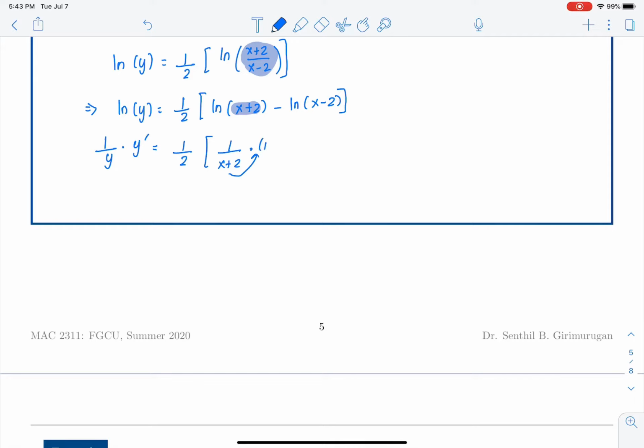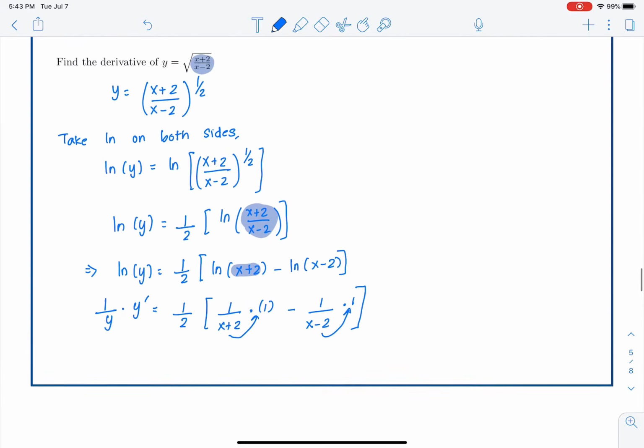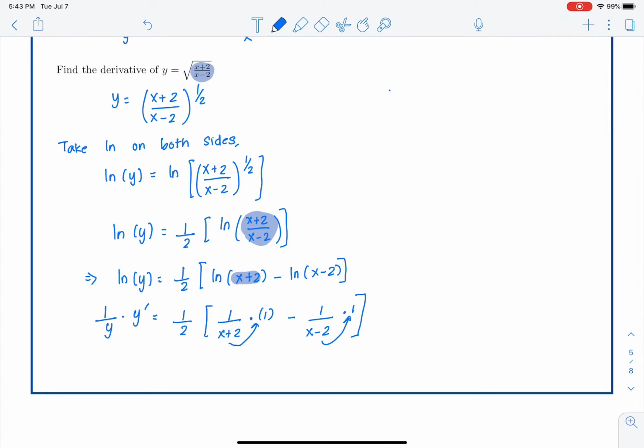The derivative of x plus 2 is simply 1, minus 1 over x minus 2, which is the derivative of ln of x minus 2, multiplied by 1. So we have 1 over y times y prime equals 1 over 2, 1 over x plus 2 minus 1 over x minus 2.